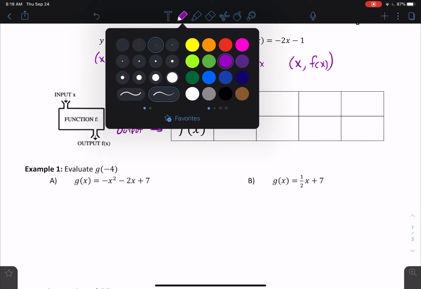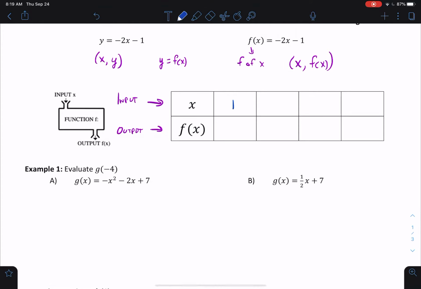So, for example, if x was 1, f of x would be f of 1. If x was 5, f of x would be f of 5. If x was negative 3/4, f of x would be f of negative 3/4.